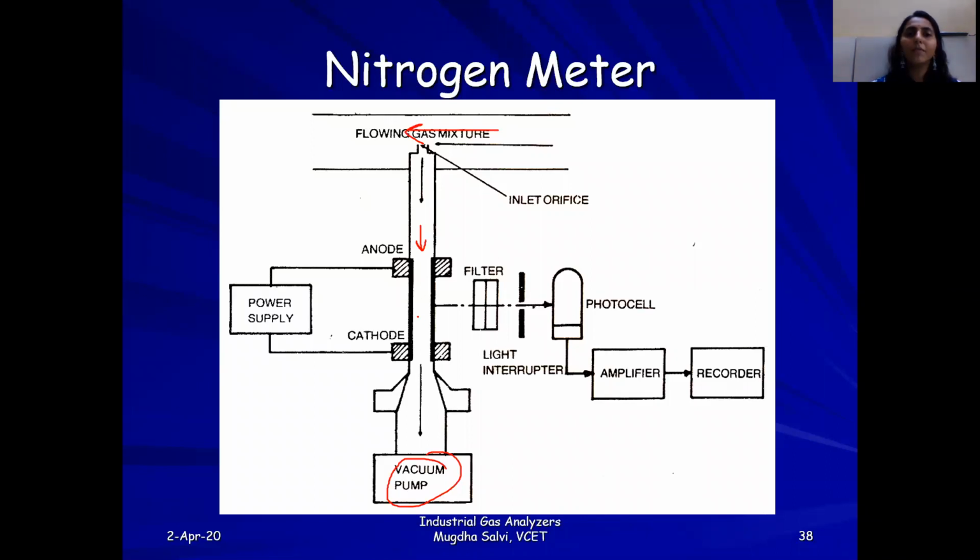Now in this tube, we have an anode and cathode, which ionizes the gas when it comes here. At that time, absorption of electrical energy will excite the atoms and take them to a higher level, and when they come back to the ground level, they will emit some radiations. These radiations will be directly proportional to the amount of sample gas present in the gas mixture.